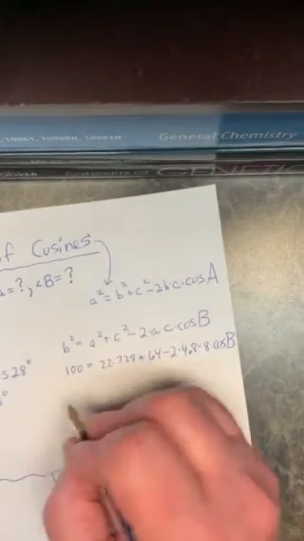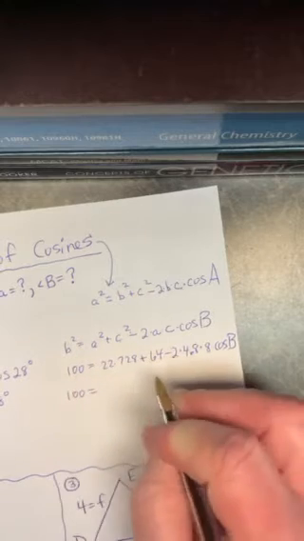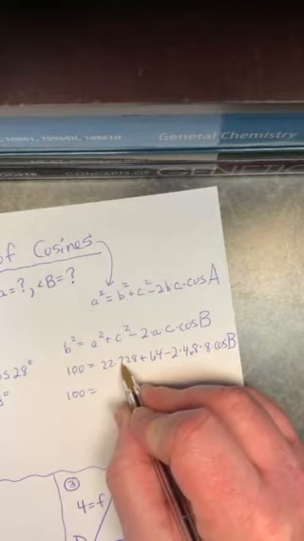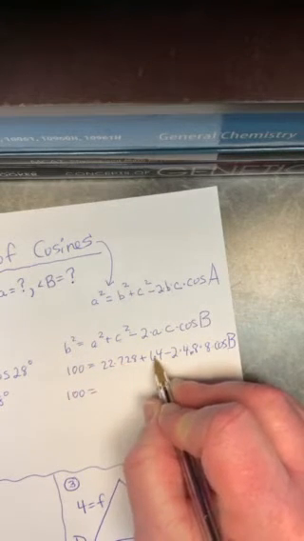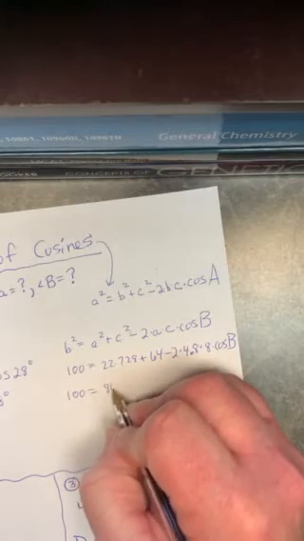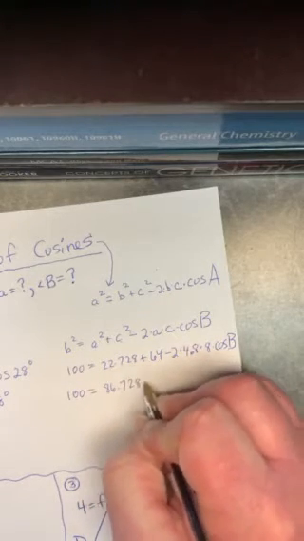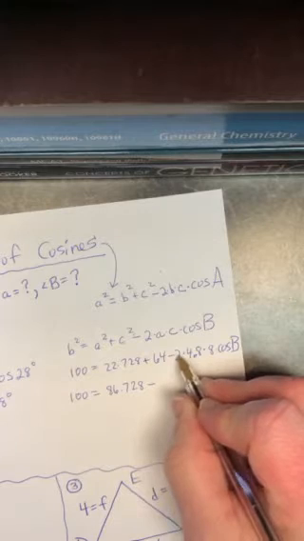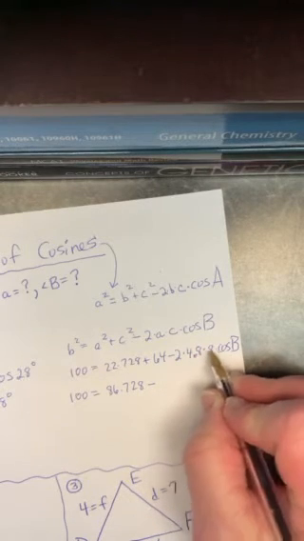I've now got 100 equals 22.728 plus 64 would be 86.728 minus, now I got to take 2 times 4.8 times 8.